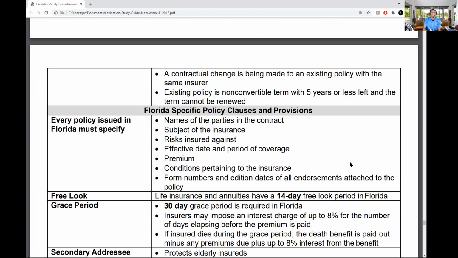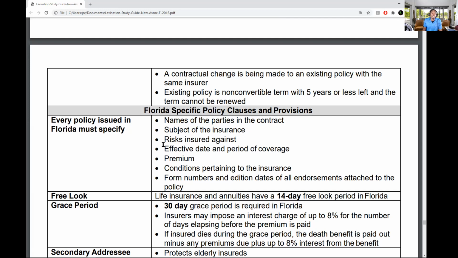Now let's talk about Florida specific policy clauses and provisions. Remember when we were talking about provisions in chapter, I believe it's chapter 3. We're talking about things that are standard that come with the policy. Every policy issued in Florida must specify the name of the party in the contract. That's a provision. The subject of the insurance.